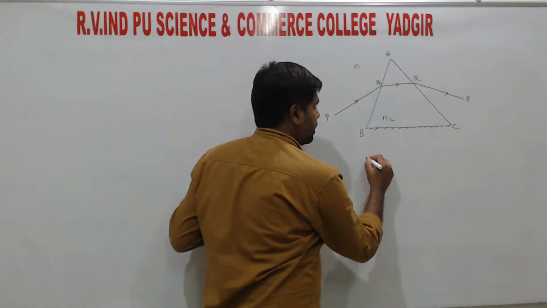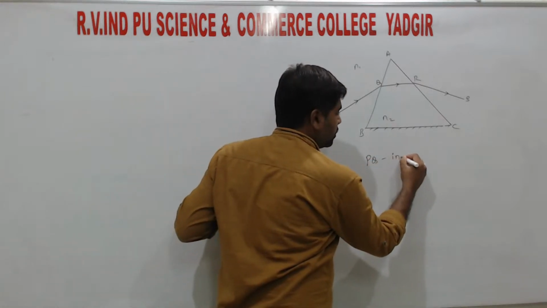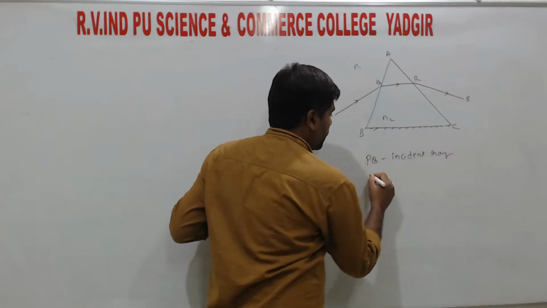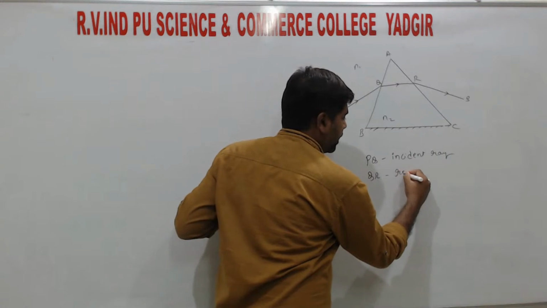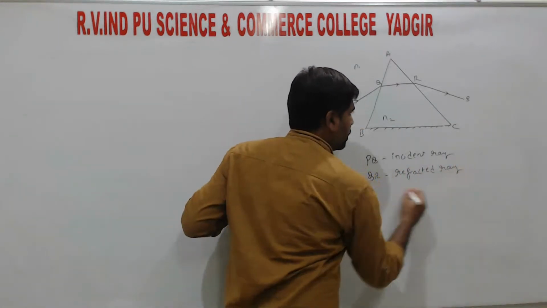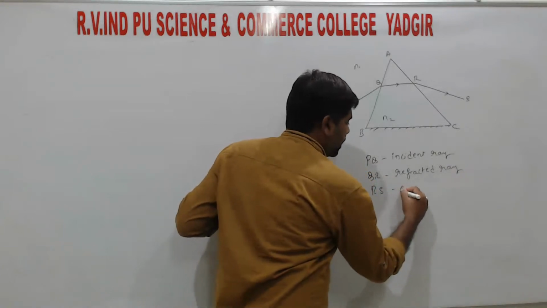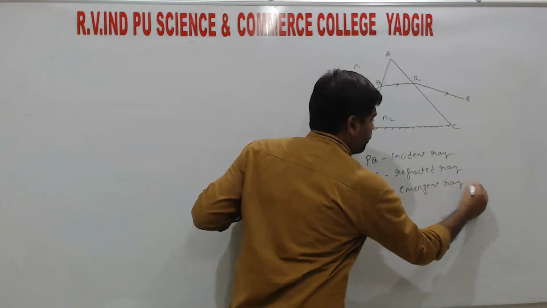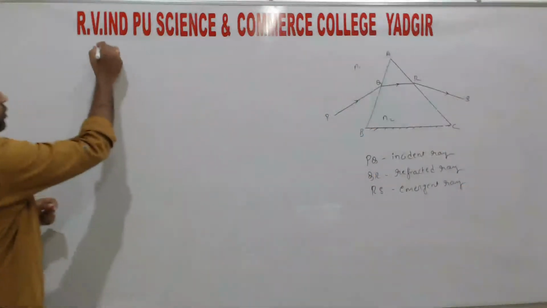So PQ is the incident ray, QR is the refracted ray, and RS we call the emergent ray.